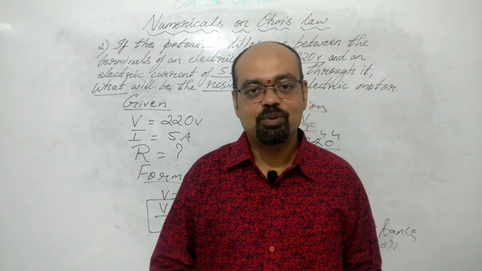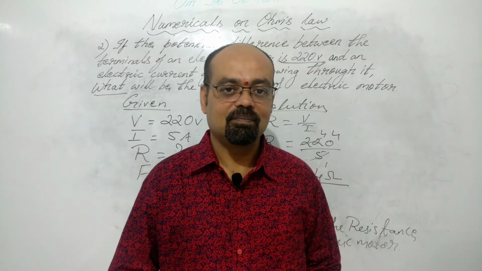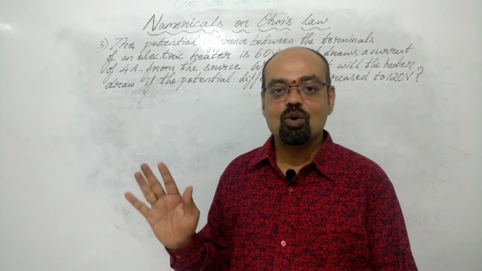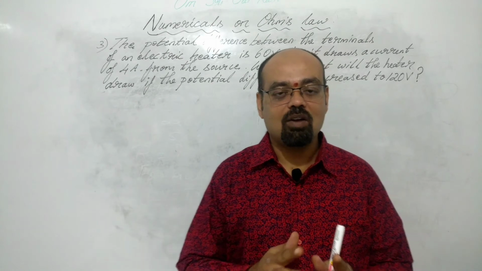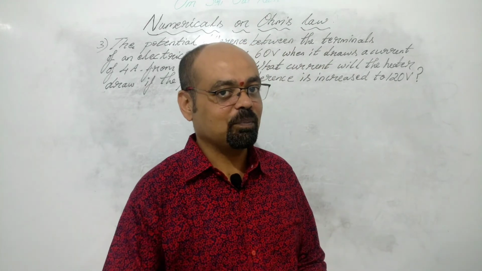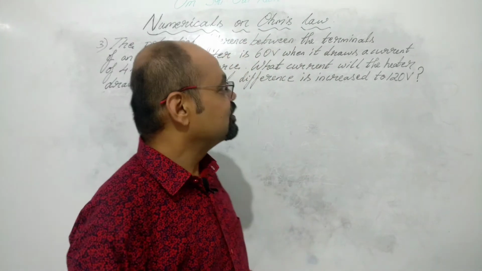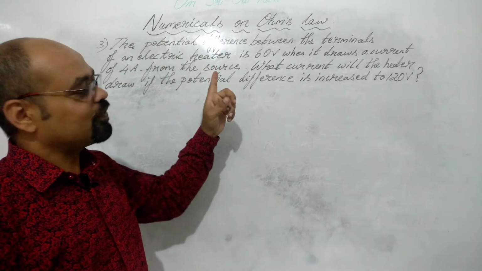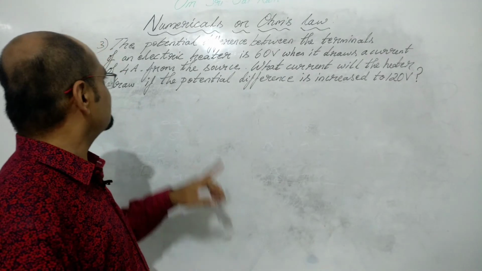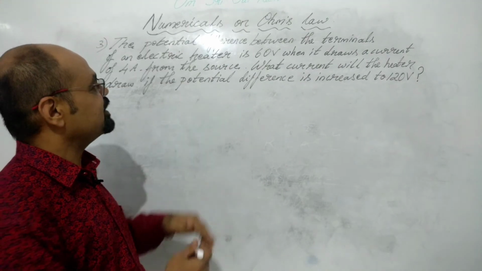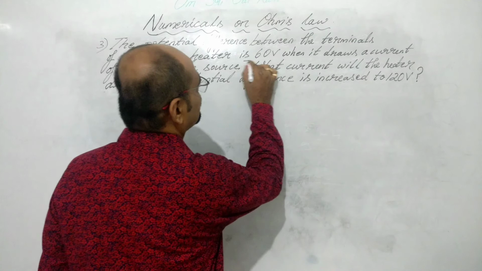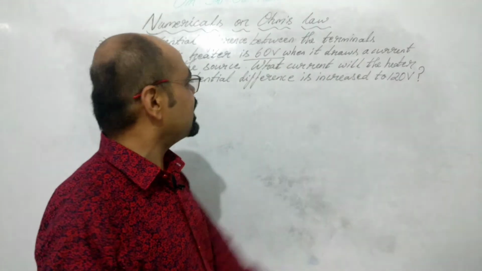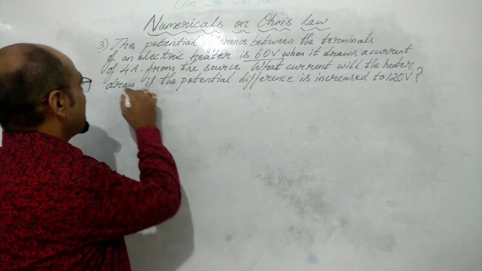Now let's move on to the third sum. Let us go through the sum. This is one of the most important sums in Ohm's law. The question is: the potential difference between the terminals of an electric heater is 60 volts when it draws a current of 4 amps.